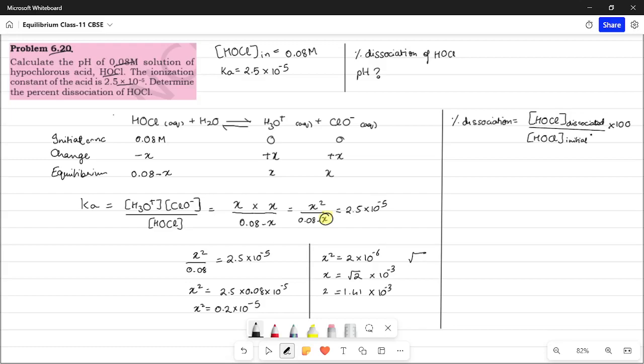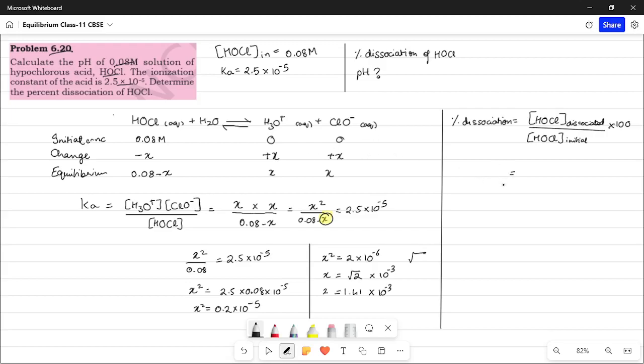The dissociated concentration of HOCl is essentially 1.41 into 10 to the power minus 3, because that's the concentration of H3O plus and ClO minus. So that is the dissociated concentration.